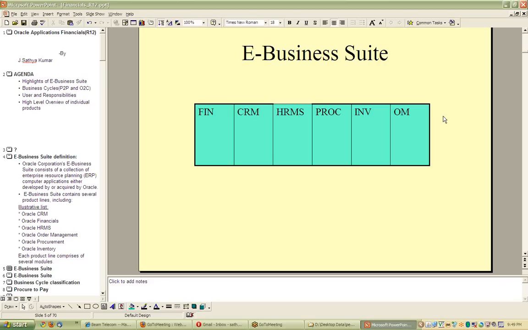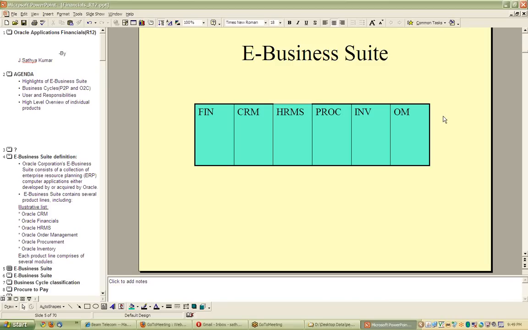Each of these verticals represents one product family. So e-business suite encapsulates all these product families into it. Within each product family, we have individual products or modules. We will slice out the financials product family and take it out for discussion, because that's what we are going to learn. We'll be looking at the financials product family.